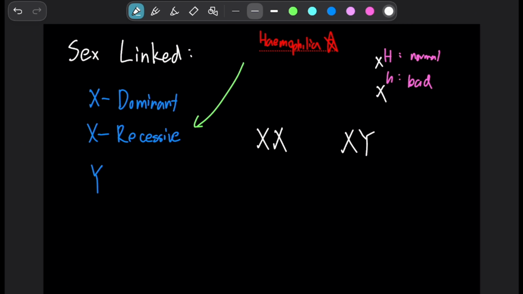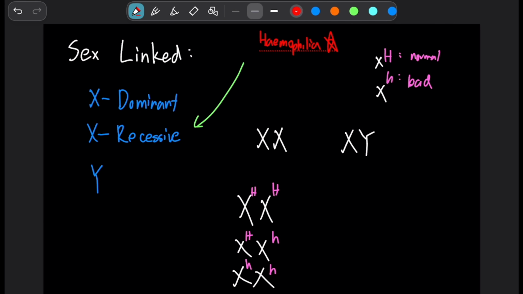So when you have two X's, you will have X^H X^H, X^H X^h, or X^h X^h. For females, only X^h X^h will have hemophilia, because it is recessive. X^H X^h will be a carrier because it has this problematic gene, but it won't display it because it's recessive, and X^H X^H is all good, normal.